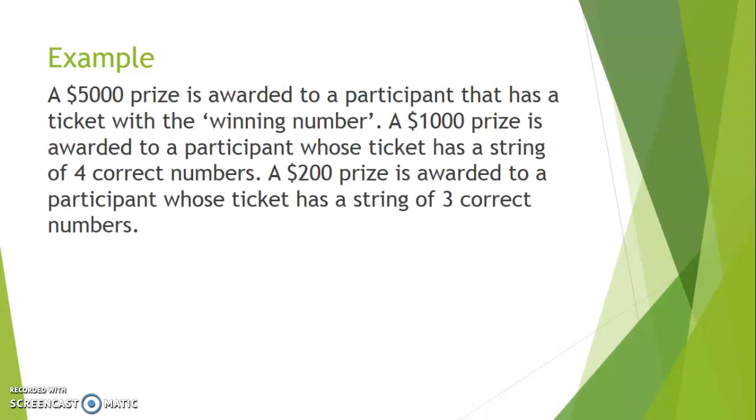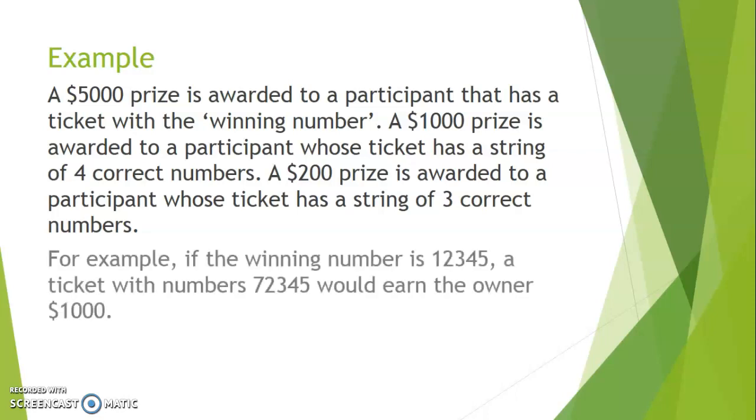A $5,000 prize is awarded to a participant that has a ticket with the winning number, so the exact right numbers in the exact right positions. A $1,000 prize is awarded to a participant whose ticket has a string of 4 correct numbers. And $200 is awarded to a participant that has a string of 3 correct numbers.